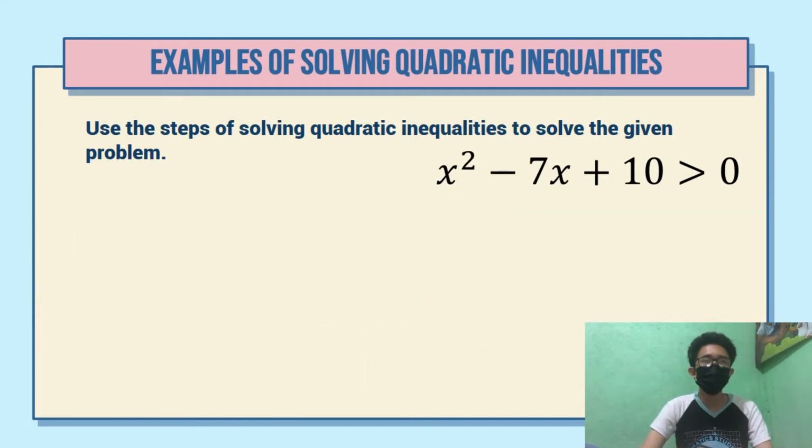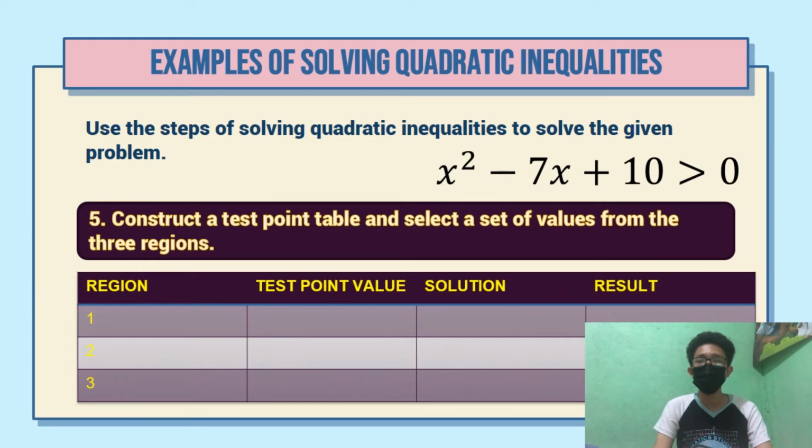Step 5, construct a test point table and select a set of values from the three regions. As I said a while ago, we divide the number line into three regions, region 1, region 2, and region 3. So we get the test point value for those particular regions.